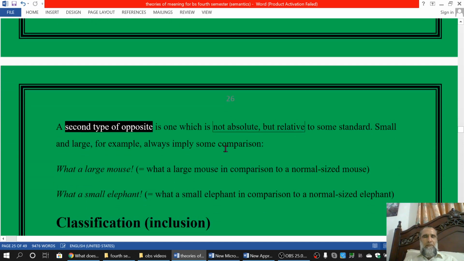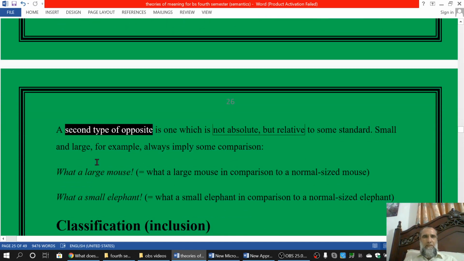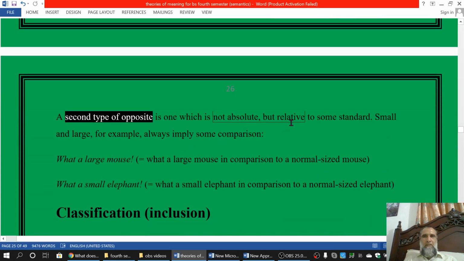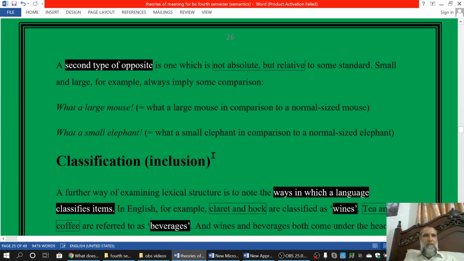The other type is, in this case they are absolute, but in this case here they are not absolute, they are relative, one is compared with the other, and therefore we say comparative and not absolute. For example, if we say small and large, they are opposite, and it is a comparison.